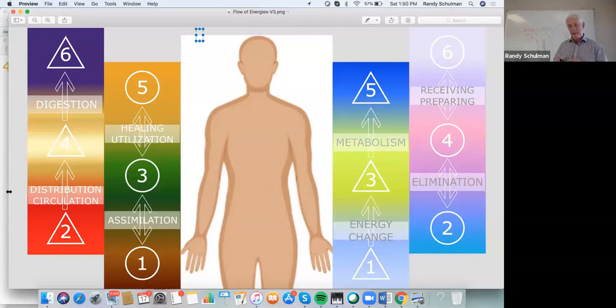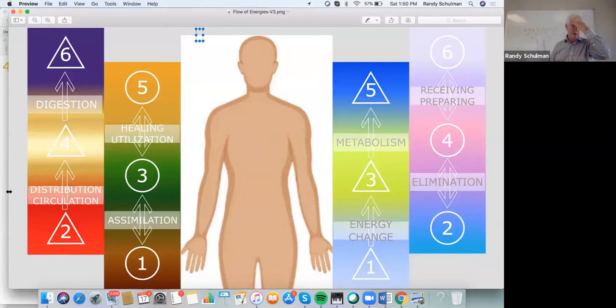Now, why that's important to at least acknowledge is that the circulation of 1, 3, and 5 will automatically stimulate the flow of life force to the red on the far left, the circulation of the body, the gold 4 on the far left, and the distribution of life force at the top purple number 6. So 1, 3, 5 activates 2, 4, and 6.